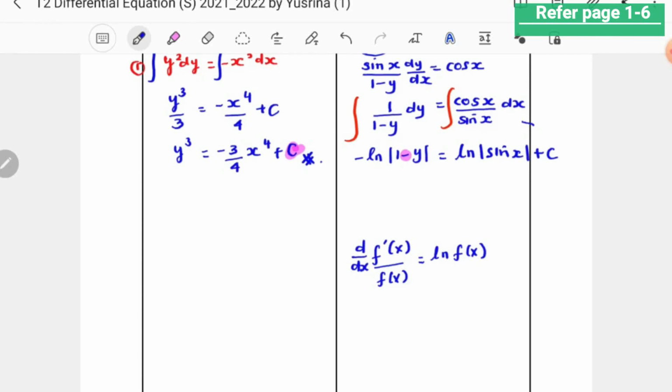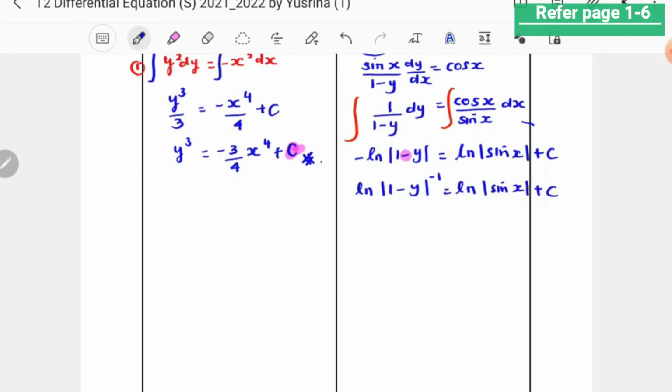Then you find y as the subject. So ln of 1 minus y to the power of negative 1 equals ln sin x plus c. Then we get ln of 1 over 1 minus y equals ln sin x plus c.